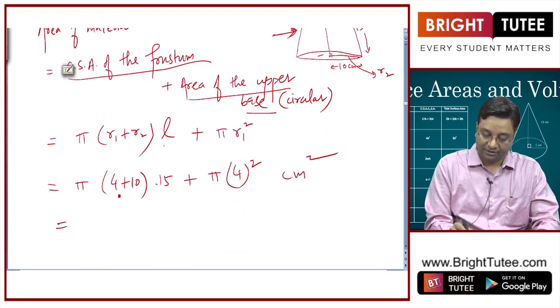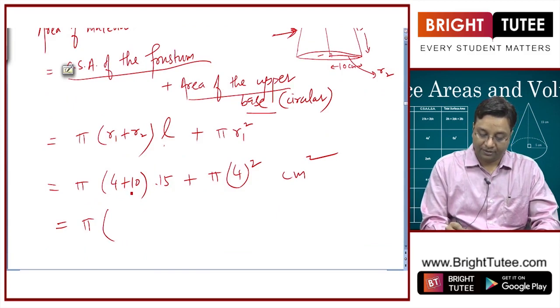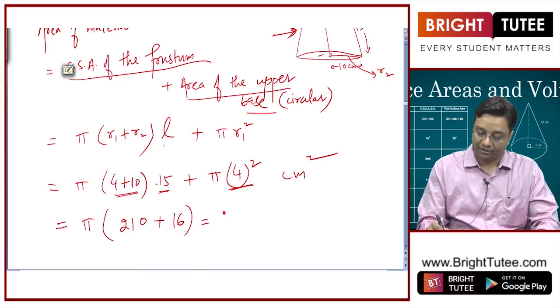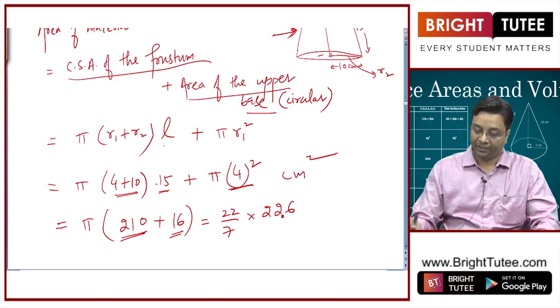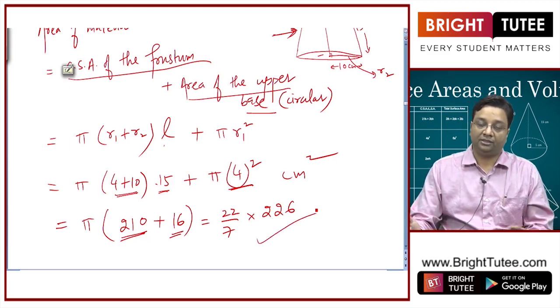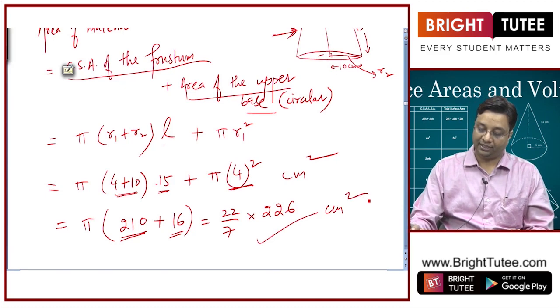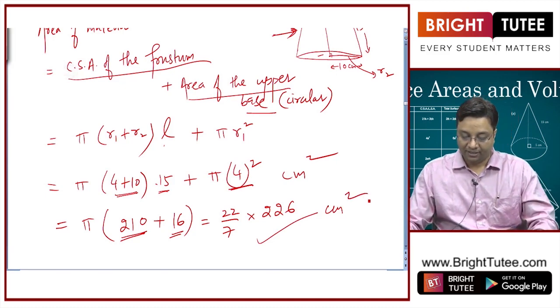So this is pi, this is 14 into 15, 210, plus this is 16. So this is 22 by 7, 210 plus 16 is 226. Now you can calculate it yourself and this will be in centimeter square.